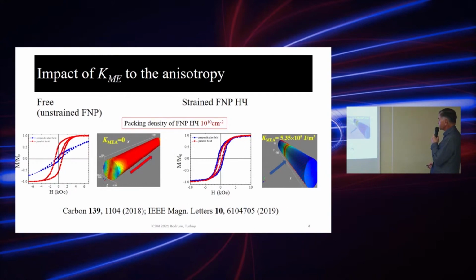That happens because we change the magnetoelasticity of the nanoparticle when they are unstrained and free on the surface. We see the strong in-plane anisotropy, while after they were embedded inside carbon nanotubes, we see a strong signature of the perpendicular anisotropy, and micromagnetic simulations confirm this fact.